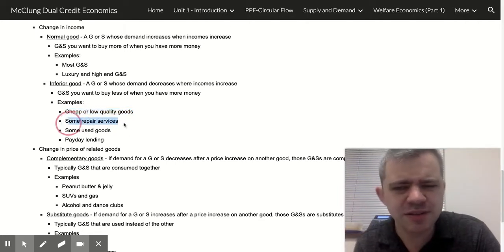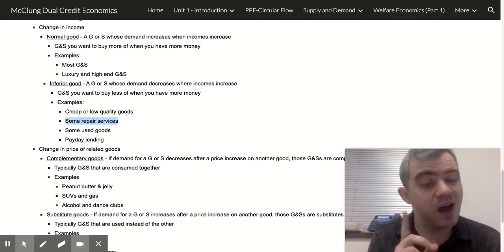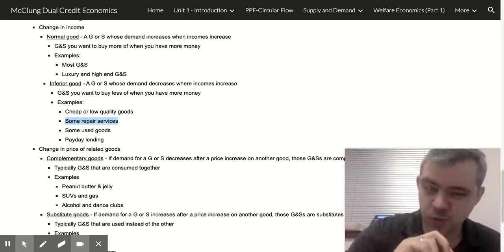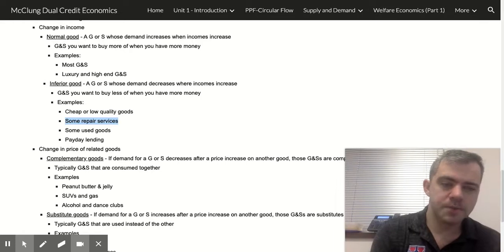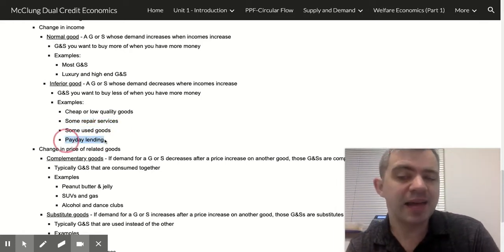Repair services. Why do repair services fit in here? Because when people wind up with more money, instead of repairing things, what do they do? They buy more. Used goods, payday lending.